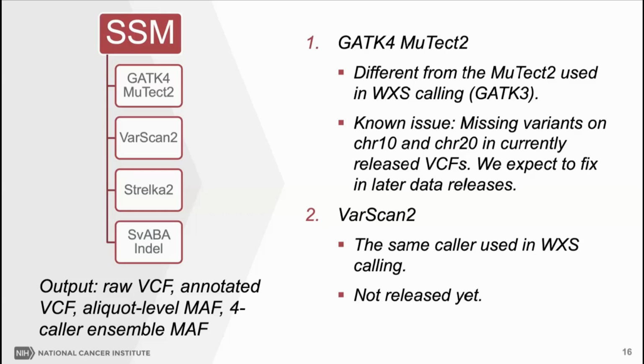Some of the variants on chromosome 10 and chromosome 20 are missing from these VCFs. So we are actively working on data fixes and expect to release corrected data in one of the upcoming data releases very soon. If you have downloaded this data, please pay attention to these chromosomes, or you can wait for the new data fixes we will announce in the release note.